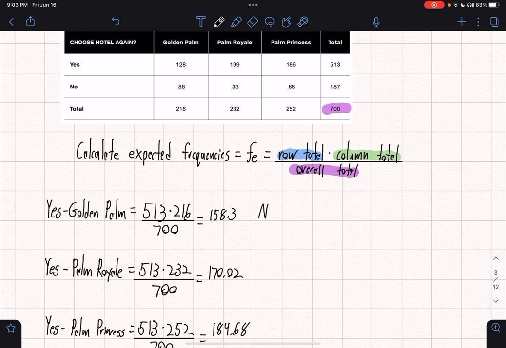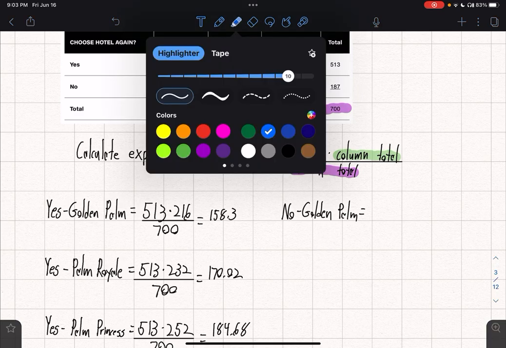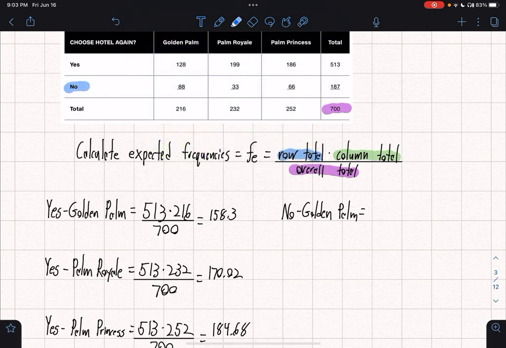So now let's say no, Golden Palm. So now our row totals are going to be here and here. And now we are looking at Golden Palm no, and therefore our column total is 216 again.